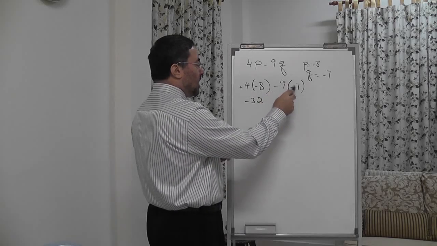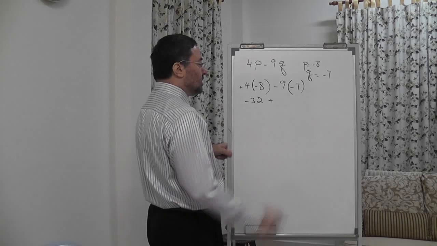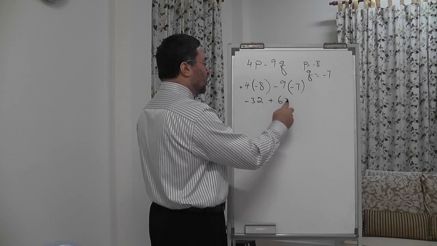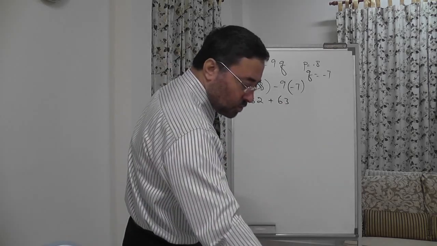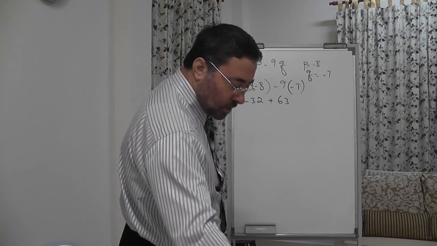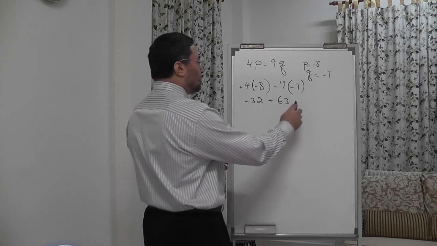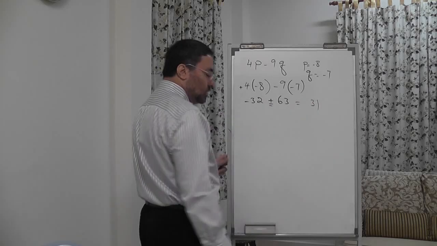Here we have minus 9 times minus 7, so we are going to get a positive answer, a minus times a minus, and 9 times 7, that's 63. And here we have to get the difference between these two numbers. So 63 minus 32, and that's 31. And the sign is the sign of the larger, which is positive.